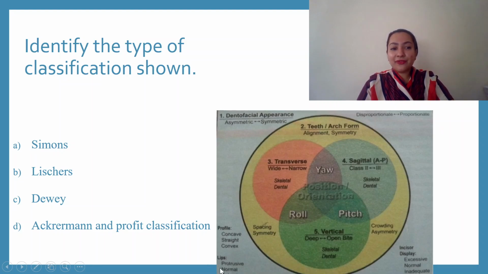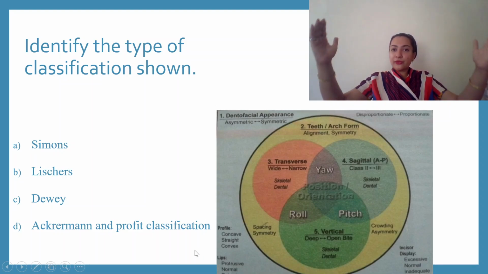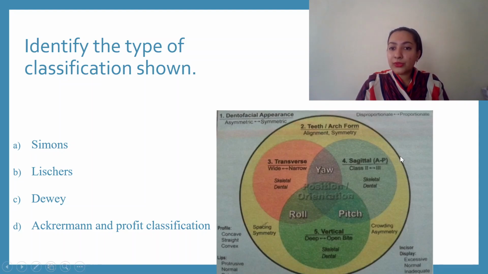This is a classic figure of Ackermann and Proffit's classification. Ackermann and Proffit did a lot of study, and they came up with the dentofacial appearance, okay, which is a broad terminology. From dentofacial appearance, they shorten it down to teeth or the arch form.